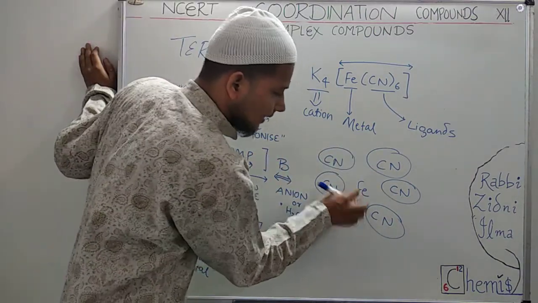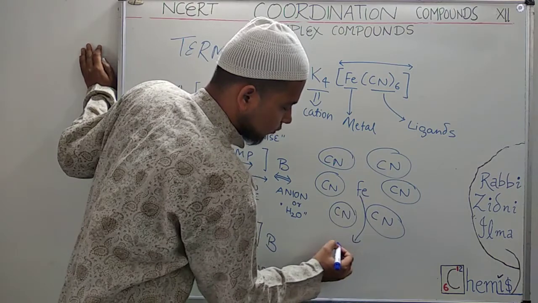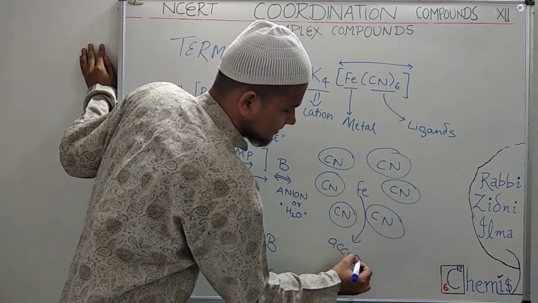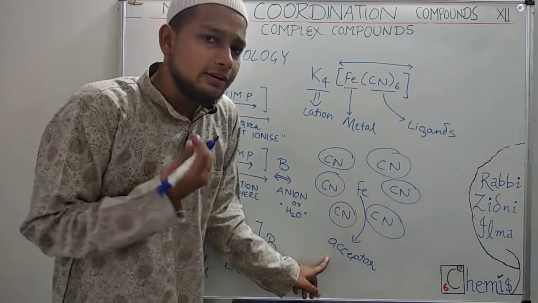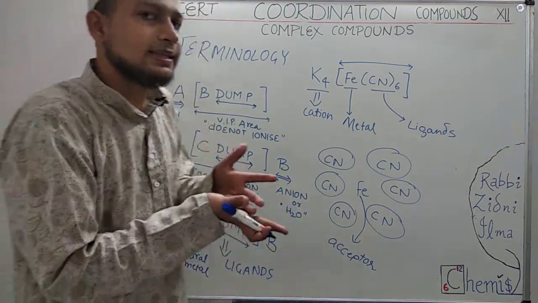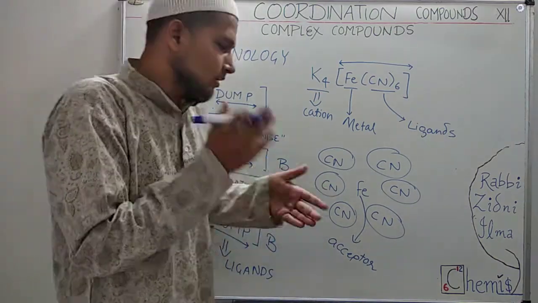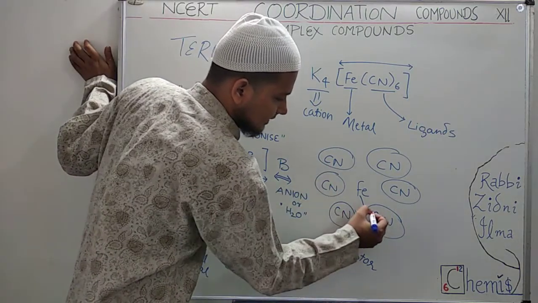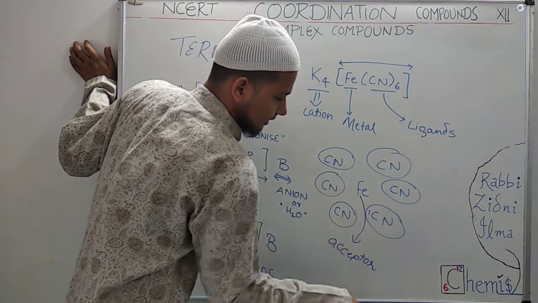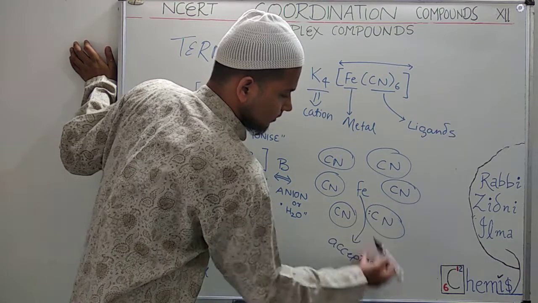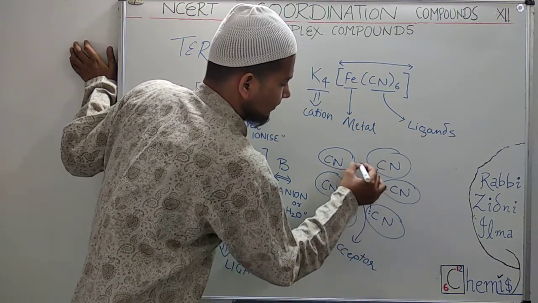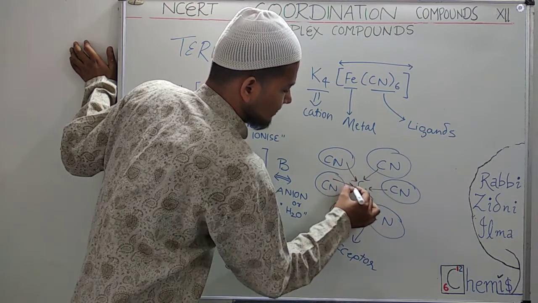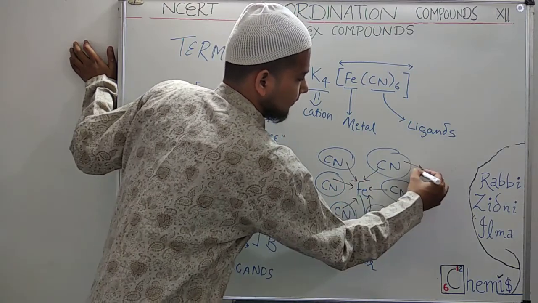So it looks like iron surrounded by 6 cyanide groups. Now, iron is the acceptor in this case. Acceptor of what? Electrons. Electrons are the basic currency of bonding. So cyanide tends to give its electron, basically a lone pair of electrons, to iron. So cyanide turns out to be our donor.